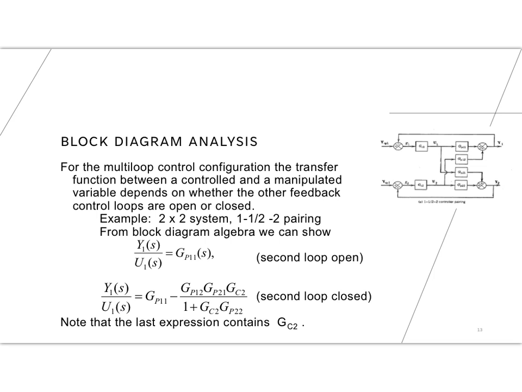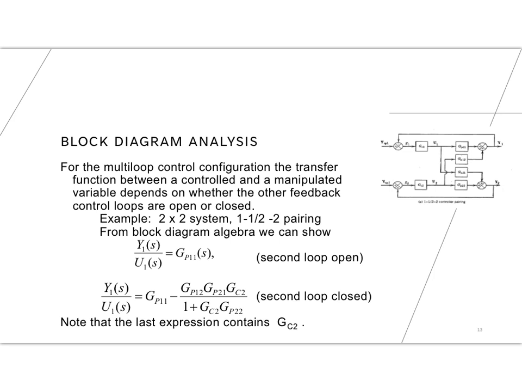Y1 over U1 with the loop closed passes through this loop, and therefore it also has this part: GP12, GC2, GP21.